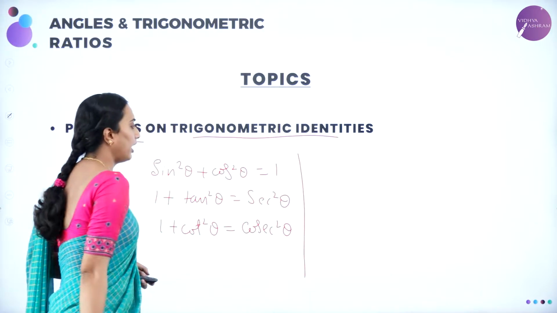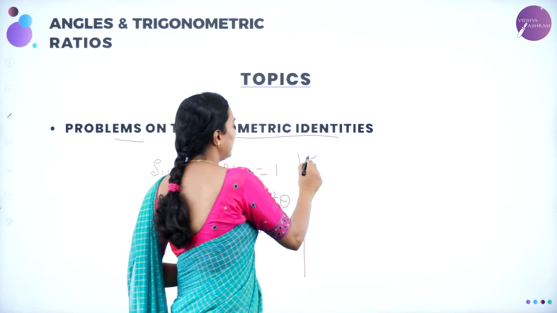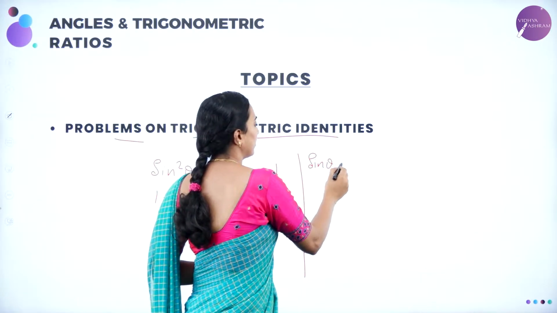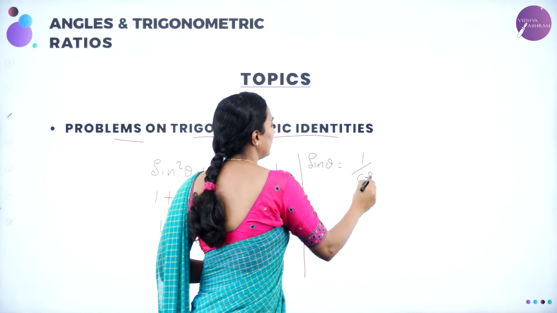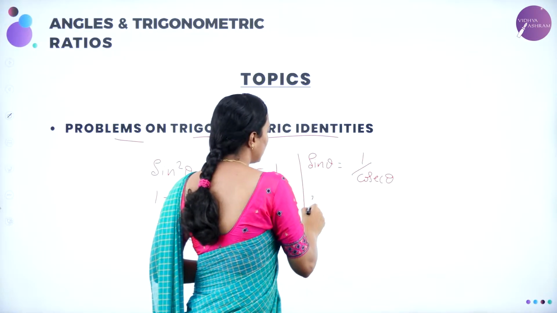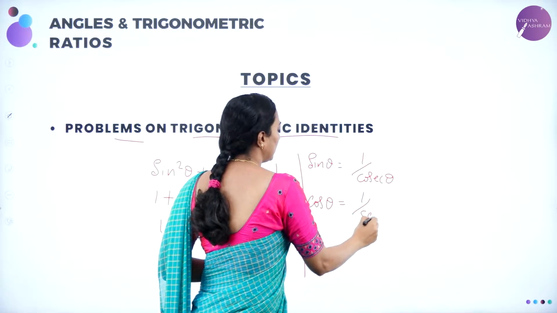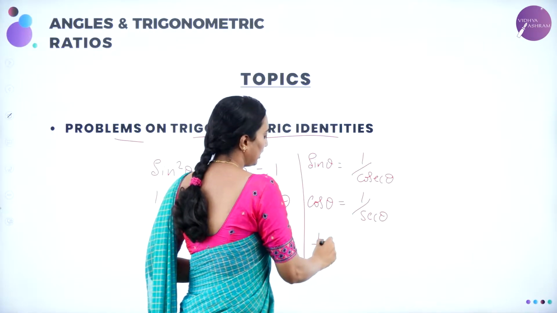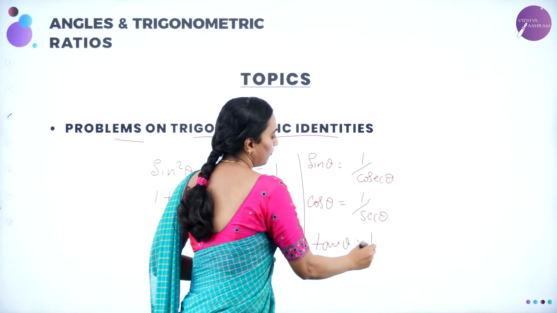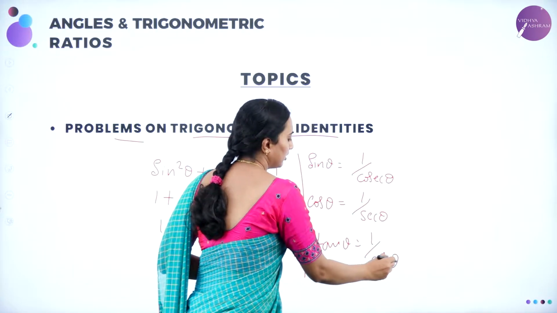Similarly, sin theta can be written as 1 over cosecant theta. Cos theta can be written as 1 over secant theta. Tan theta can be written as 1 over cot theta.